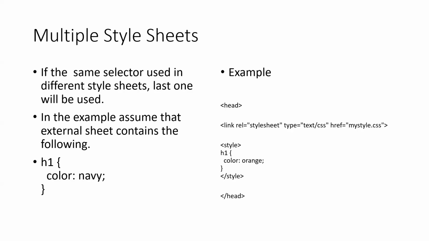Okay, so you can notice here we have style sheets, right? And then let's say we have color navy in the H1 in the external one, and then in the internal one we have orange. Ideally, it means that whichever is the last one will be used, right?